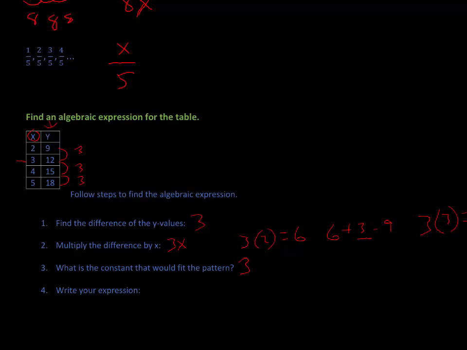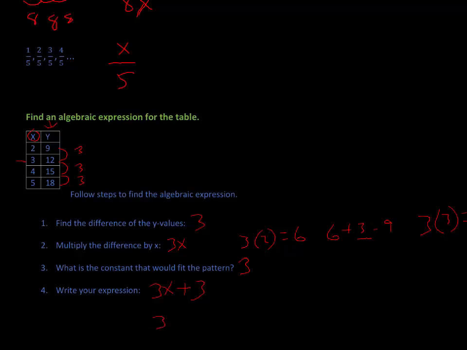So then it says write your expression. Well, we know in step 2 there, we had 3x. And then our constant would be, we added 3 to that. So our expression would be 3x plus 3. And if we wanted, we could check. Let's try number 4.